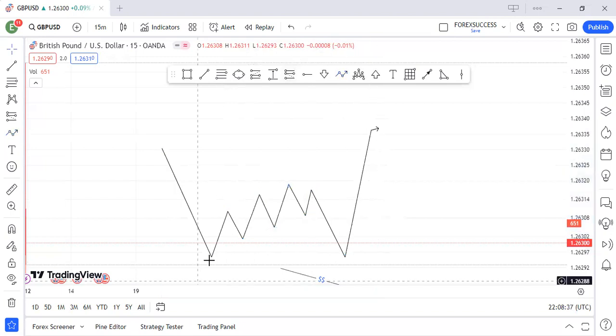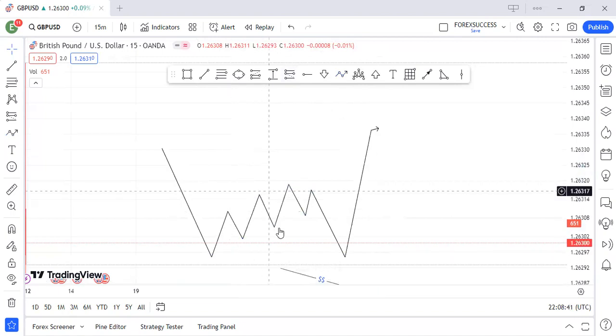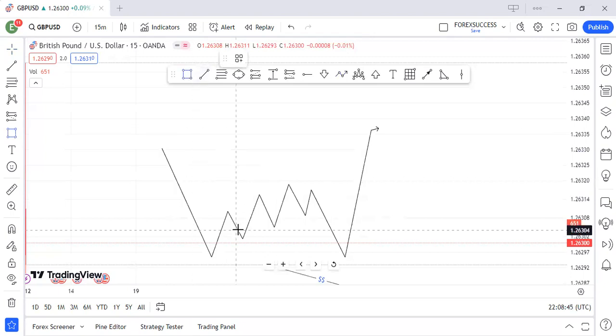Now, since it happens, you have seen price up, down, higher highs, higher lows. Then you're marking your order block right here.